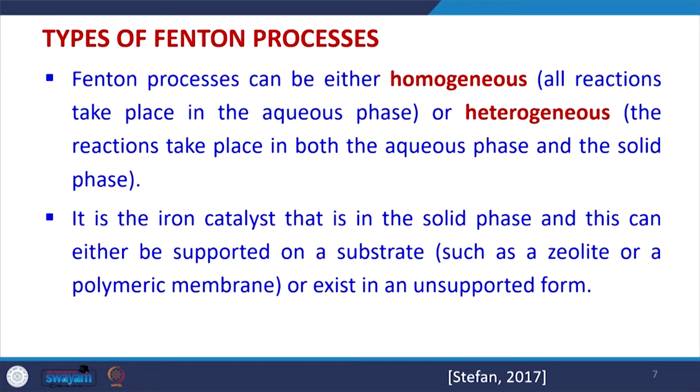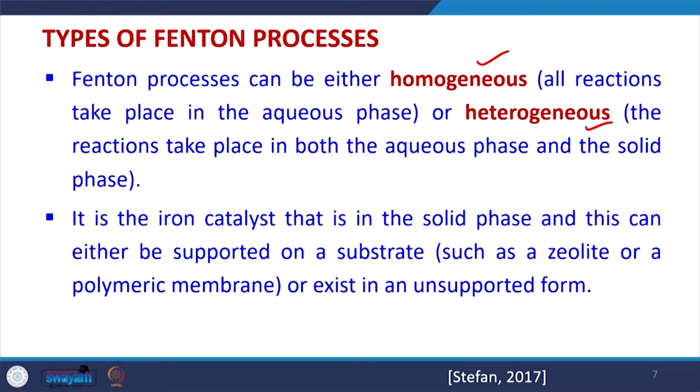Now, there are different types of Fenton processes. Already we have discussed the homogeneous Fenton process and the heterogeneous Fenton processes. In the homogeneous Fenton processes, all the reactions take place in the aqueous phase itself, whereas in the heterogeneous Fenton processes, the reactions take place in both the aqueous phase and the solid phase.